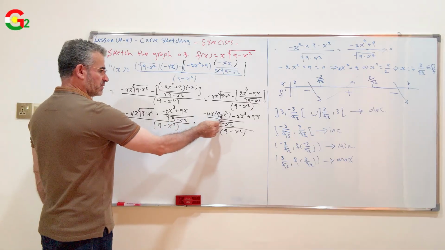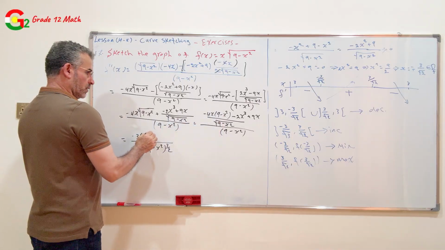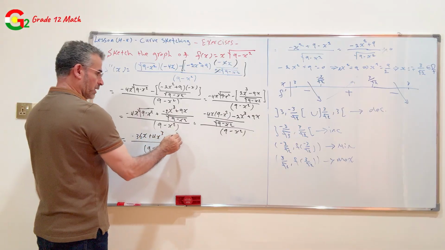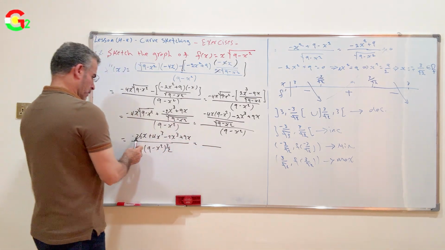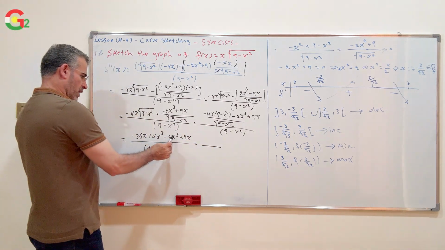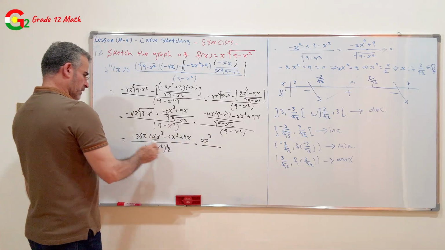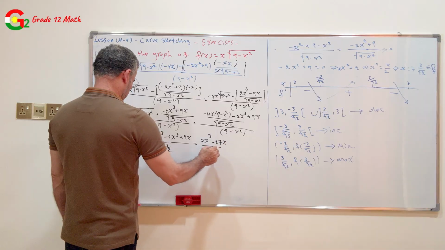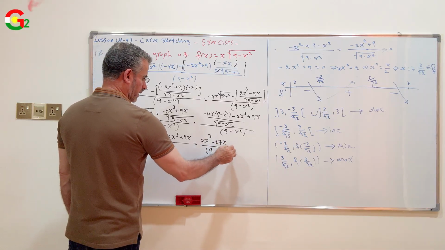Negative 4x times negative x squared is 4x³. So 4x³ minus 2x³ plus 9x equals 4x³ minus 2x³, which is 2x³, and negative 36x plus 9x, which is negative 27x, over 9 minus x squared to the power 3 over 2.